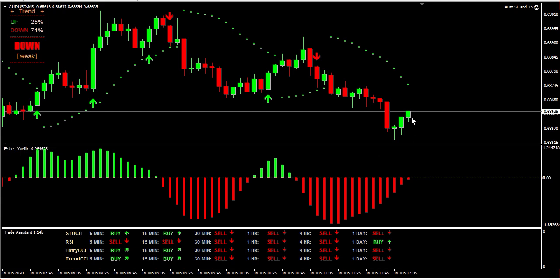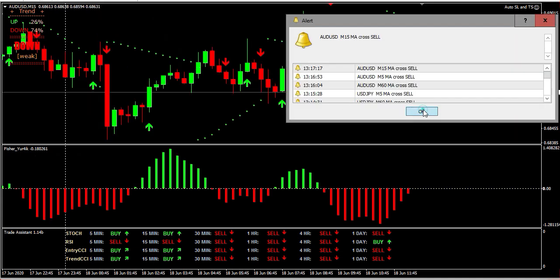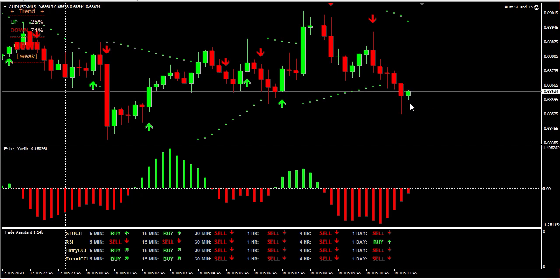But you cannot go long now because the trend is down. It's weak, but it's down, so you have to wait until you get the proper signal. And let's go to 15 minutes. 15 minutes also, the market is reversing, going up. So we have to wait.